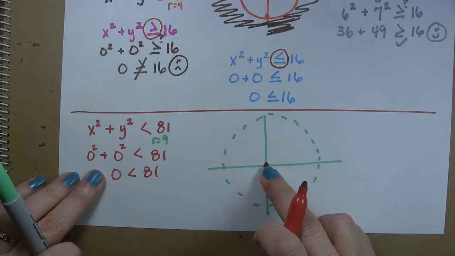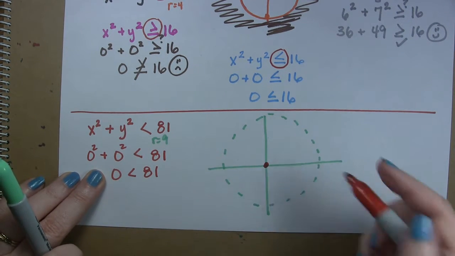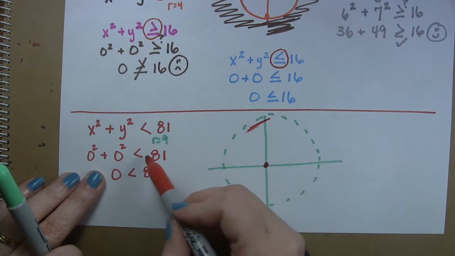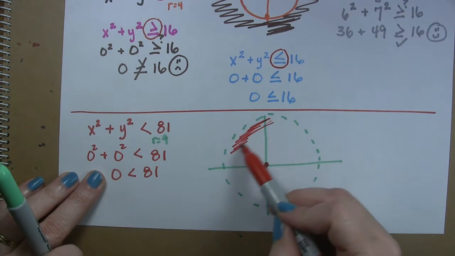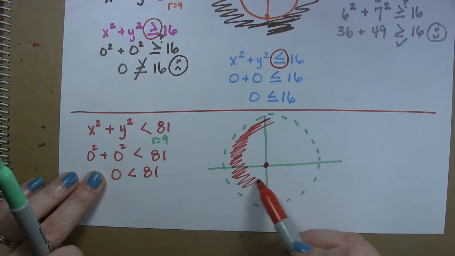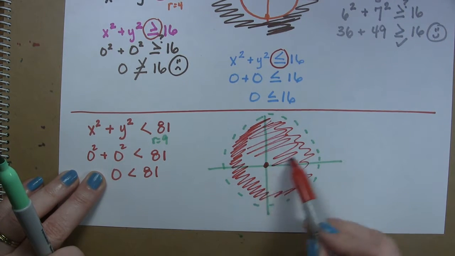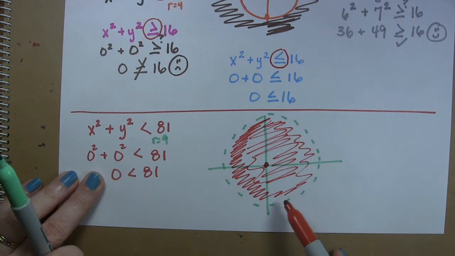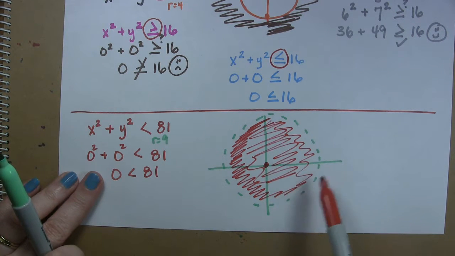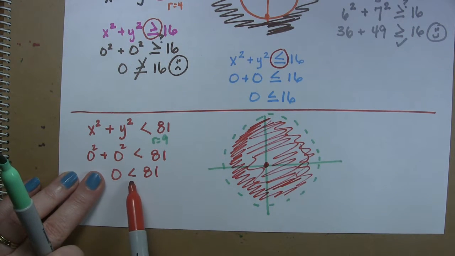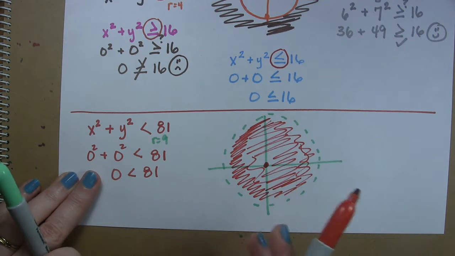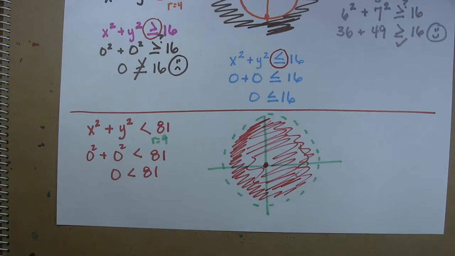So the point 0, 0 counts. It's included in that equation. So I would shade everything in the circle, but not the circle itself, right? Because this is not less than or equal to, it's just less than. I hope that makes sense to you.